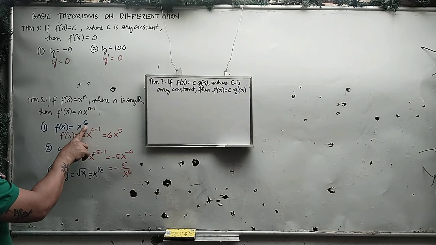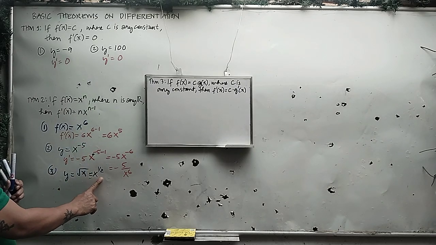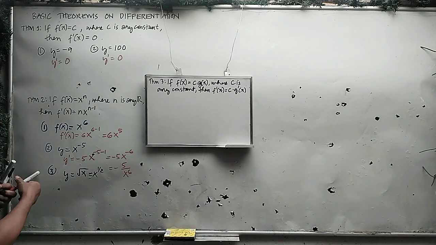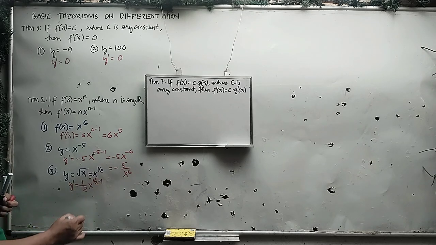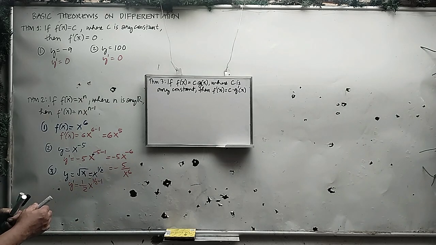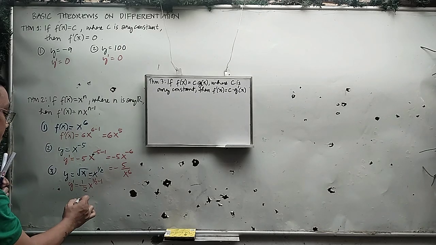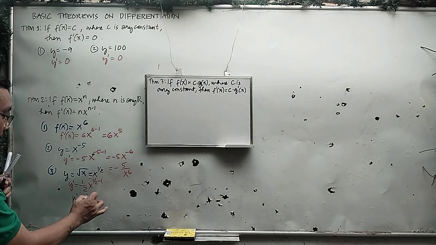In our first example, the exponent is positive. In the second example, negative. In the third example, the exponent is rational. So, apply theorem number 2. So, y prime, copy the power, 1/2, then x to the power of 1/2 minus 1. We always subtract 1 in the derivative. Okay, so you have here, simplify further, y prime, 1/2 x.